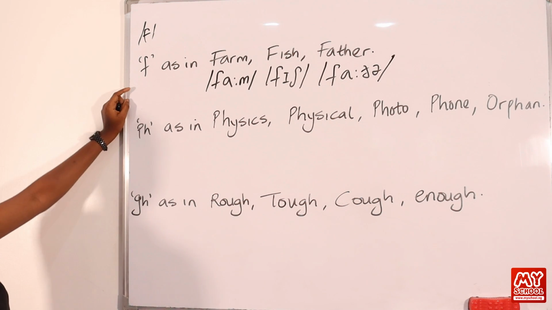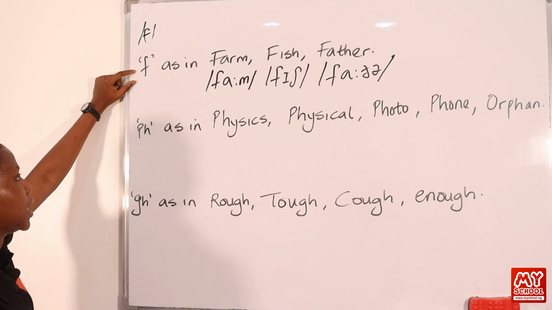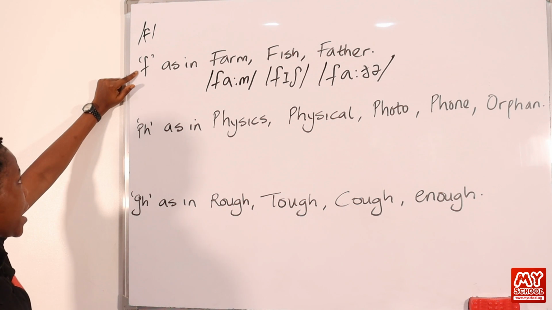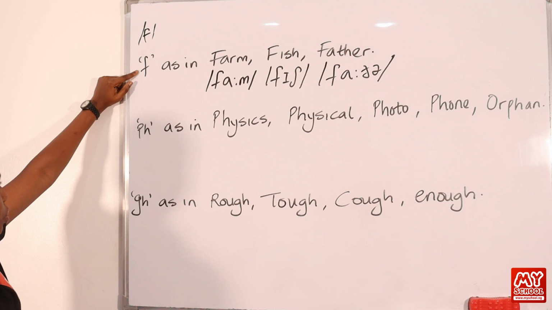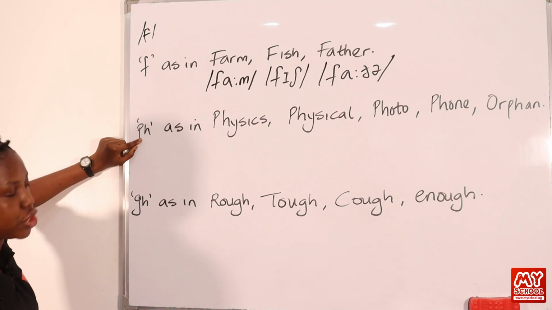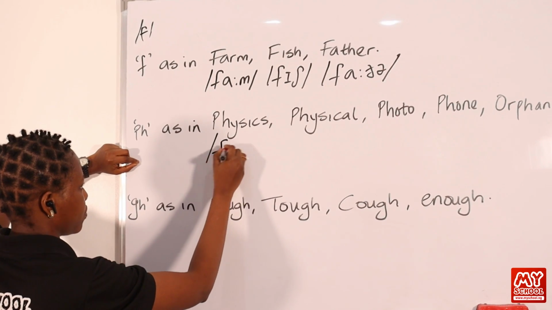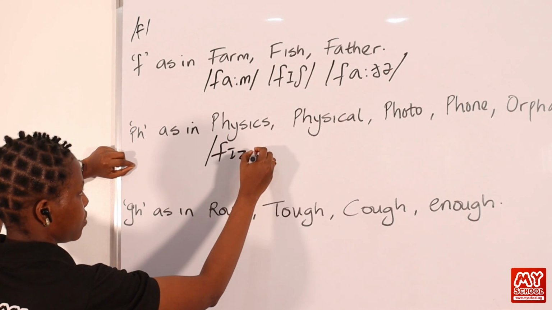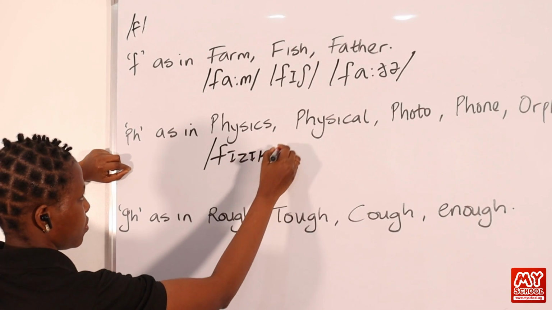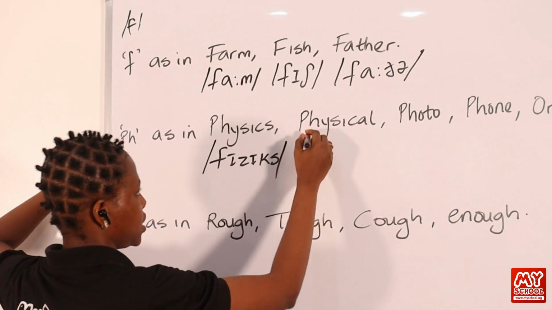The letter of the English alphabet that can possibly represent the sound is the letter F, and then we can also have PH, as in physics, as in physical.